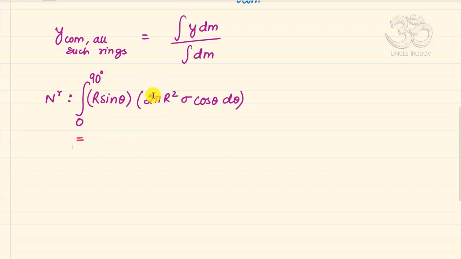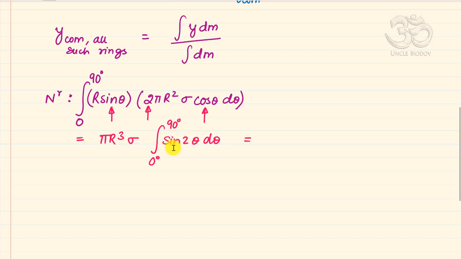In fact, I will keep 2 inside. What I want to keep inside is this 2, the sine theta and the cos theta, because 2 sine theta cos theta becomes sine 2 theta. And so what goes out is pi R cube sigma. So you will have pi R cube sigma into sine 2 theta d theta, and integral of that from 0 degrees to 90 degrees.